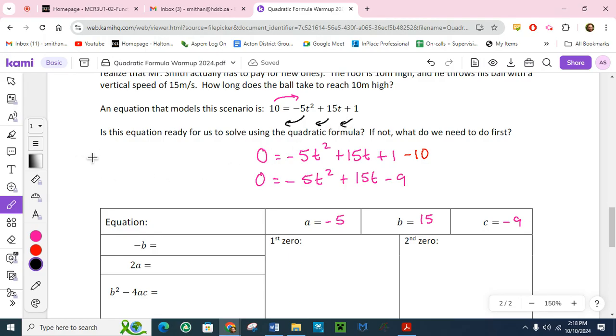So you'd have your 10, and then you'd have positive 5t squared, right? And then 15t would be minus 15t, and then you're right, it would be minus 1. But then you're going to be adding 10, right? And at the end of the day, you have 5t squared minus 15t, and negative 1 plus 10 is positive 9. It's a little bit less negatives to work with. They're both going to give the same answer. Excellent question.